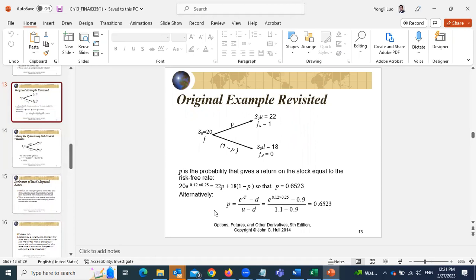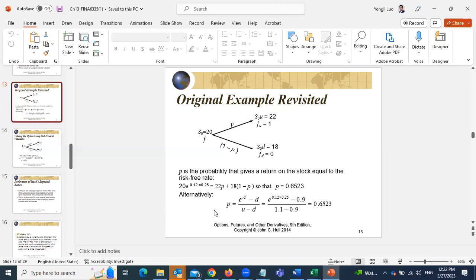And what is the value you got for the risk neutral probability? You can use e as 2.71828, and r is 0.12, raised to the power of 0.12 times 0.25. Then you minus D, which is 0.9, divided by the up factor 1.1 minus 0.9.